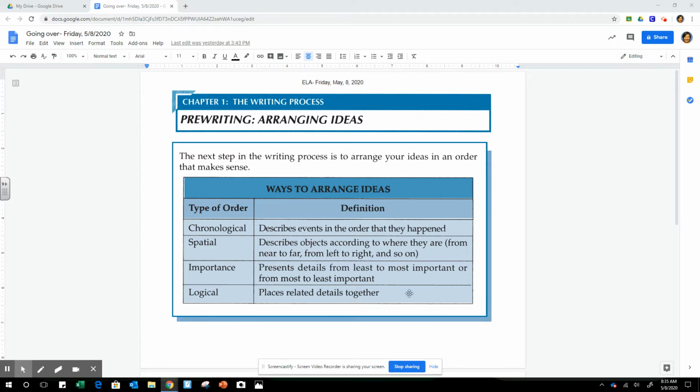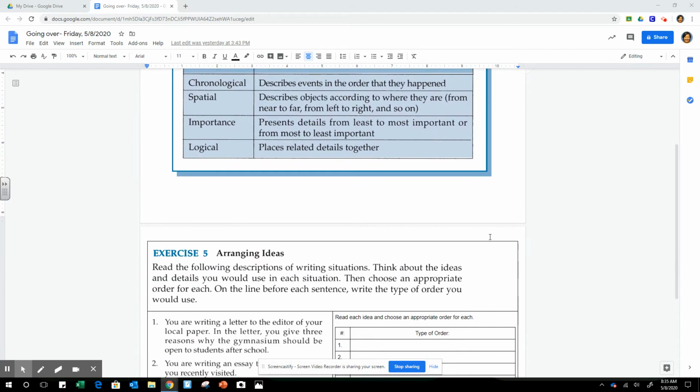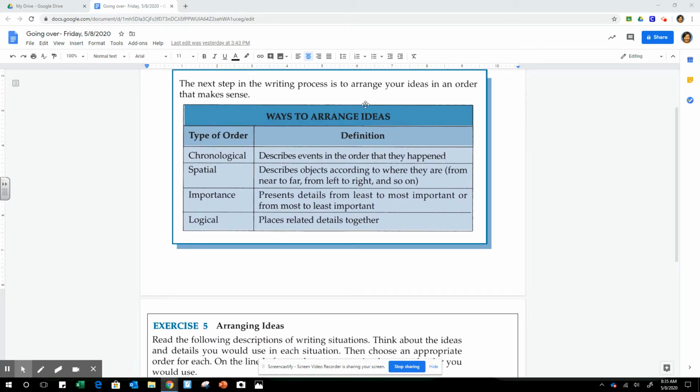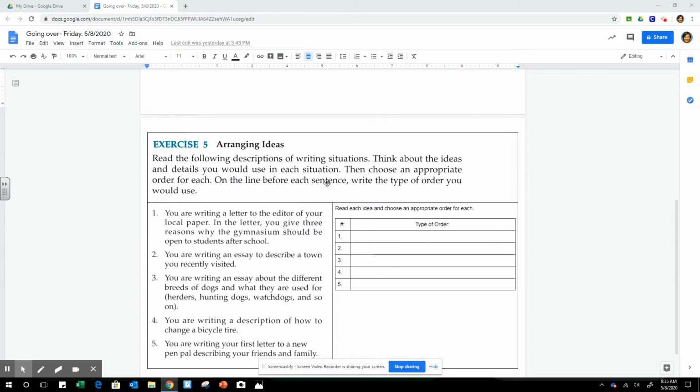Okay, so that's logical. All right, so once I've kind of understood what these different ways of arranging the ideas are, we're going to come down and we're going to complete the assignment.